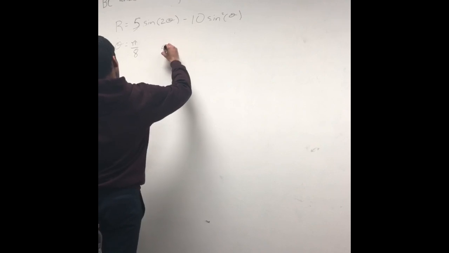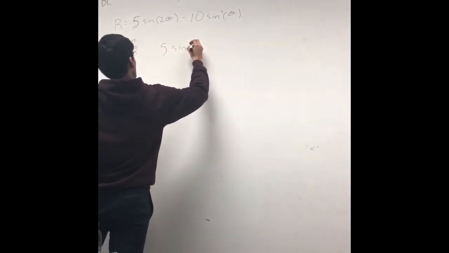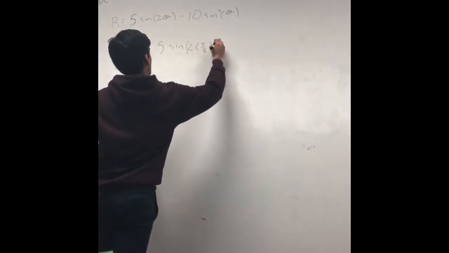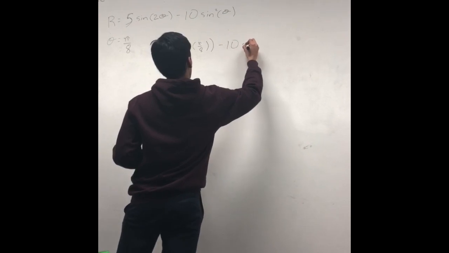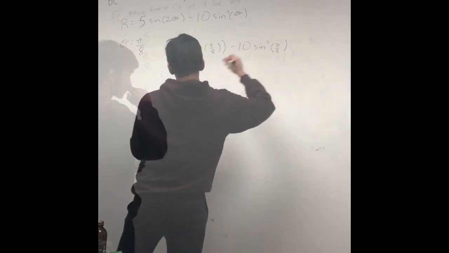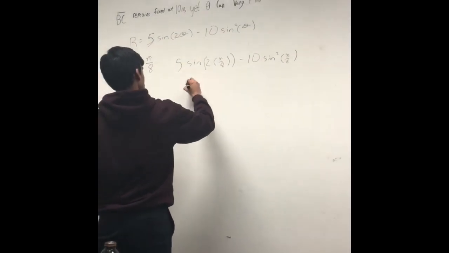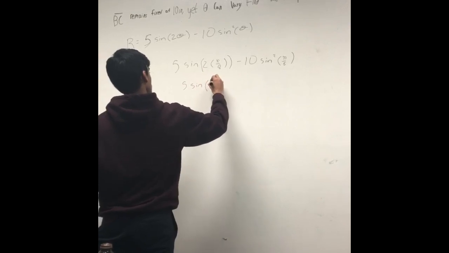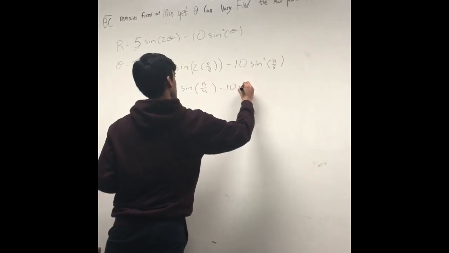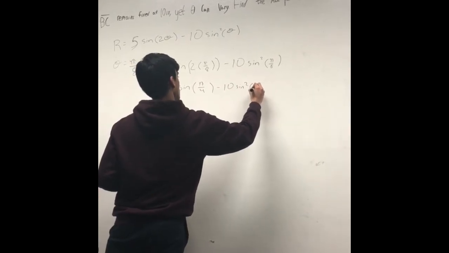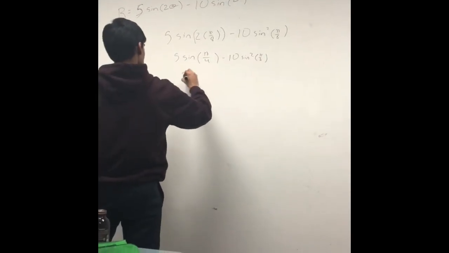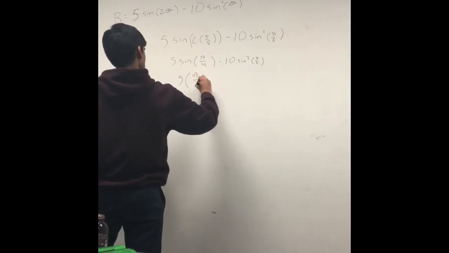So if we plug this in, we're going to get... So we can change this into pi over 4 to make it easier for us to convert and keep this the same. So we know that sine of pi over 4 equals root 2 over 2, so we change this to 5 times root 2 over 2.